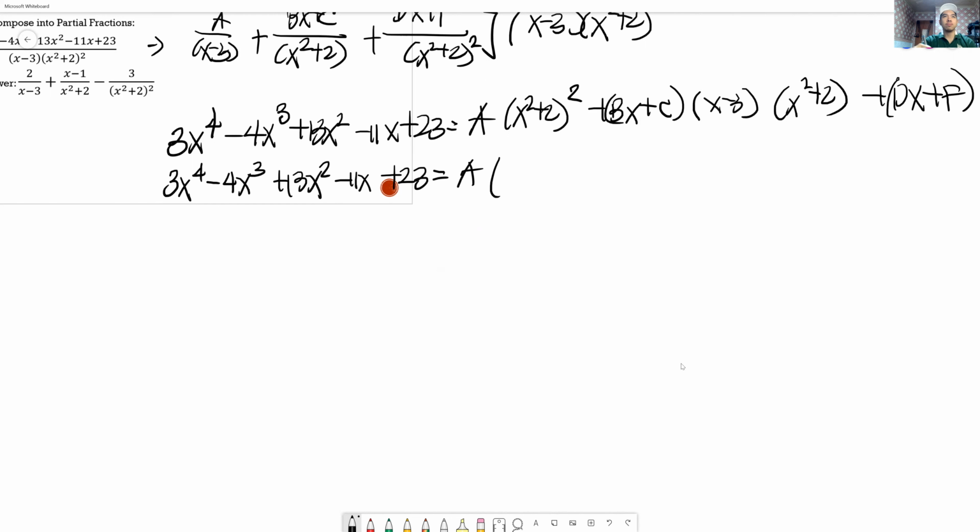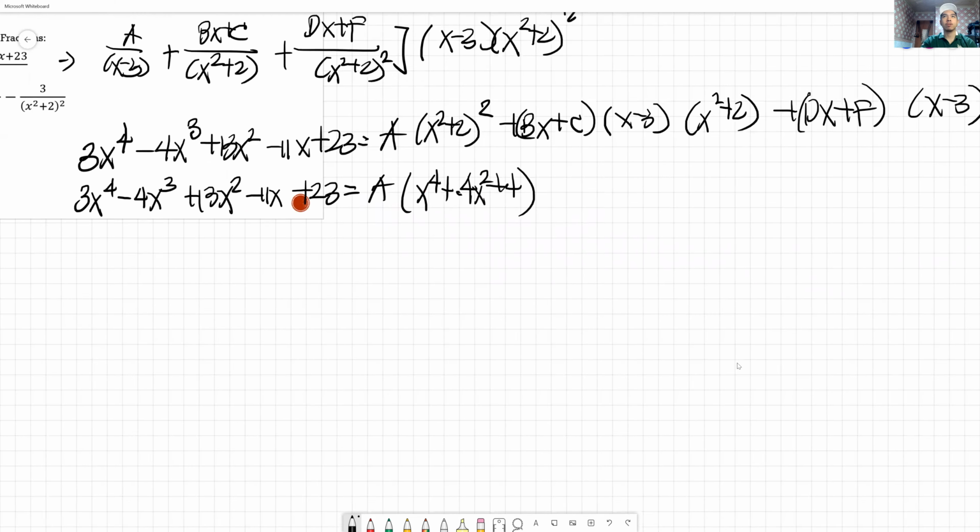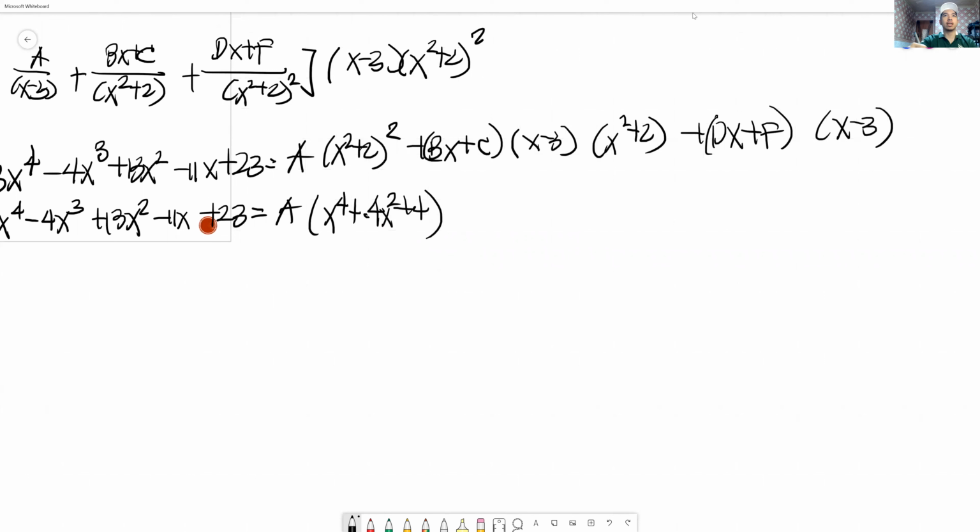So we have here x raised to 4 plus 4x squared plus 4. So for this one, let's try to combine this first. So we have your x cubed minus 3x squared plus 2x minus 6.